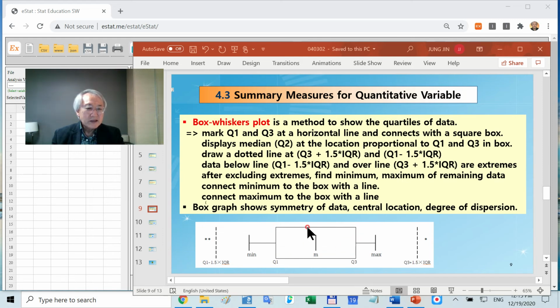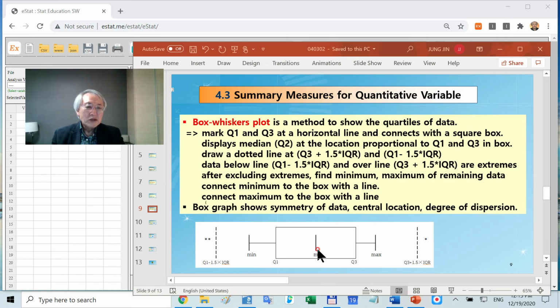You can just draw a box, a rectangle which connects Q1 and Q3. It's the main body. We are thinking this is the upper 25%, this is the bottom 25%. This is the IQR, right? Q3 minus Q1. That's the important body, the box. Then you may plot the median here.